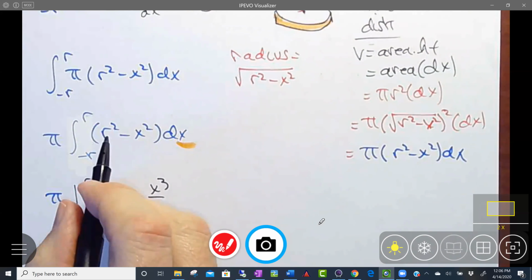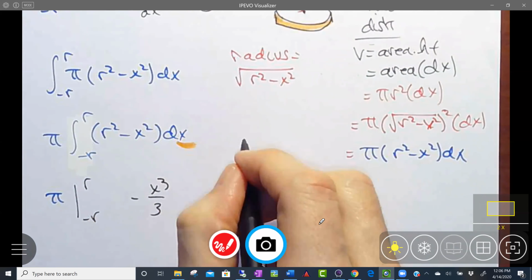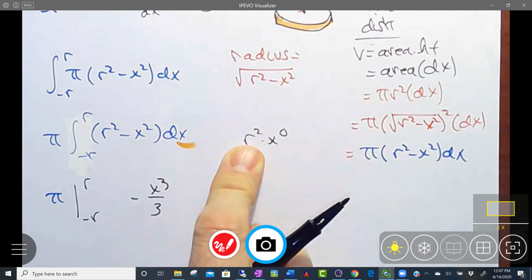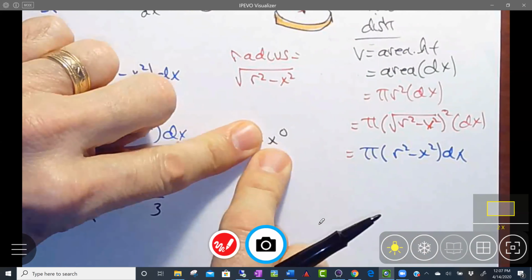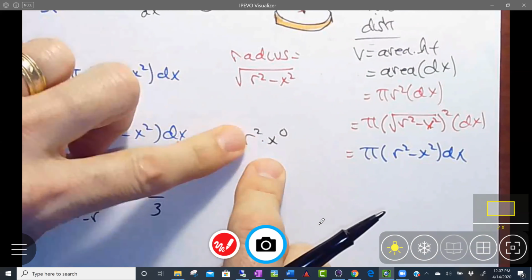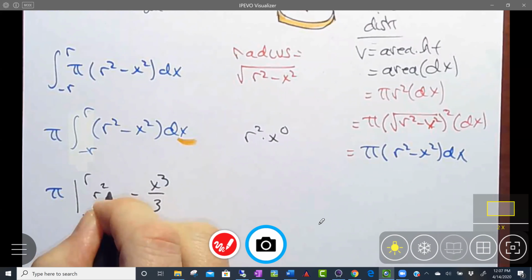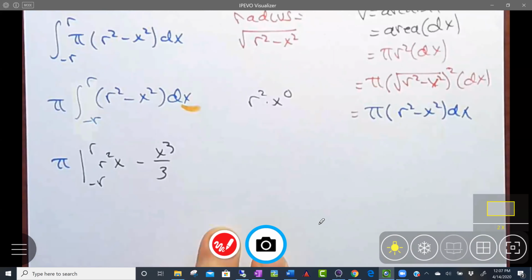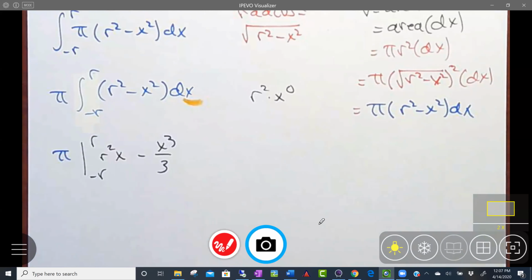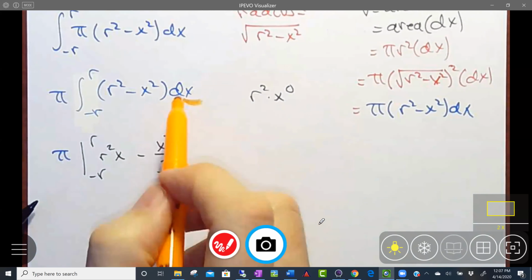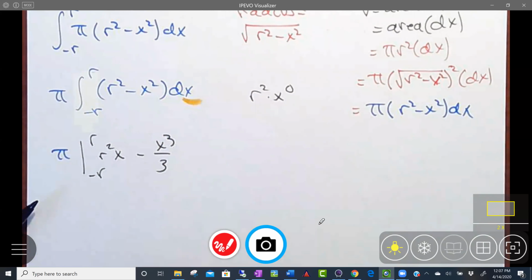We're integrating this with respect to x, so it's as if I have r squared times x to the 0. The r squared is just a constant. When you integrate the x to the 0 power, you just get x. So it's going to be r squared times x minus x cubed over 3. That's the tricky part, and that's just another reminder that you always want to keep that variable of integration there.